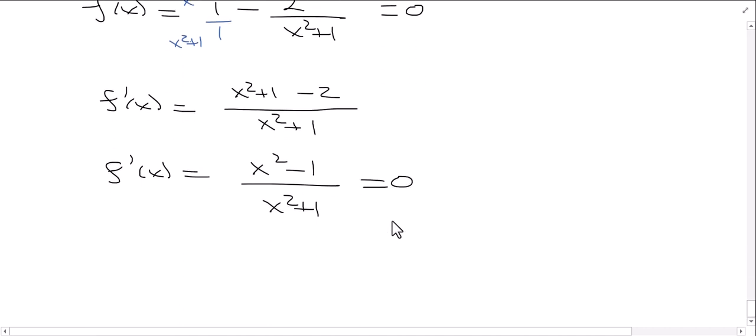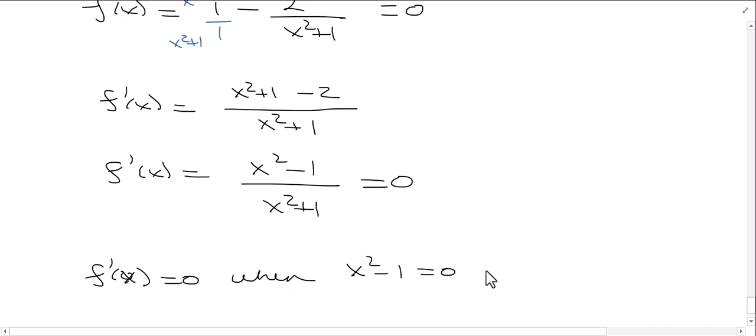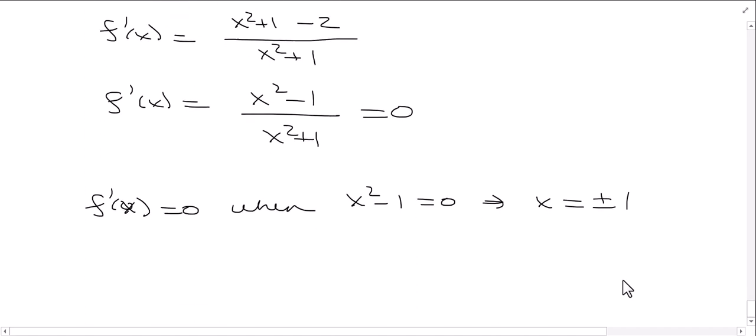Since we have a fraction, the derivative is 0 when the numerator is 0. So that means when x equals plus or minus 1, similar to before. And then we are on what interval?